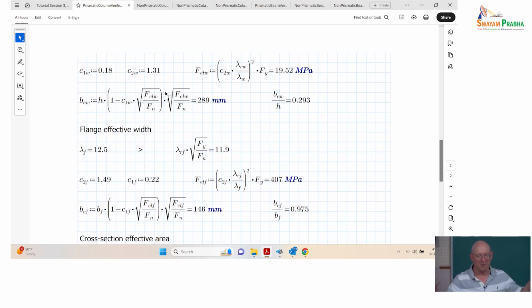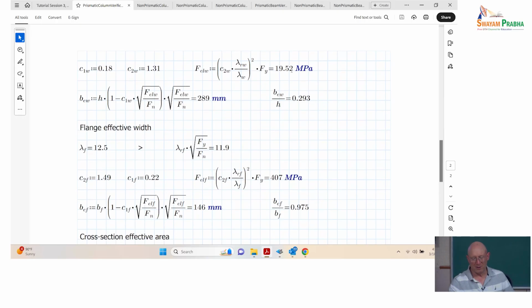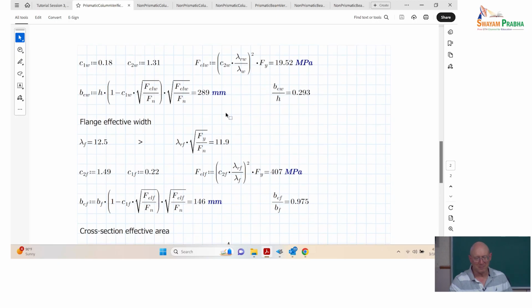It's just another equation for the elastic buckling stress, equivalent to the one that you're probably more familiar with from mechanics. So theoretically the web would snap into a plate bending, local buckling mode at 19.52 megapascals, fairly low stress.